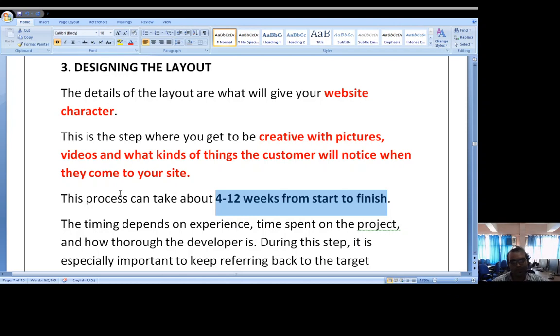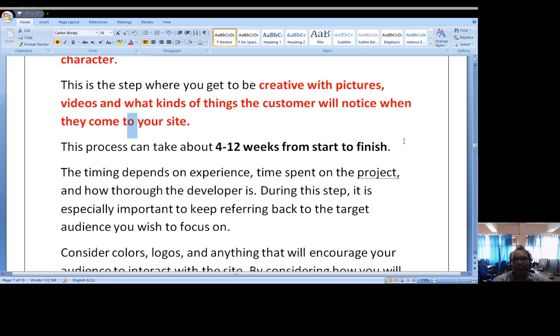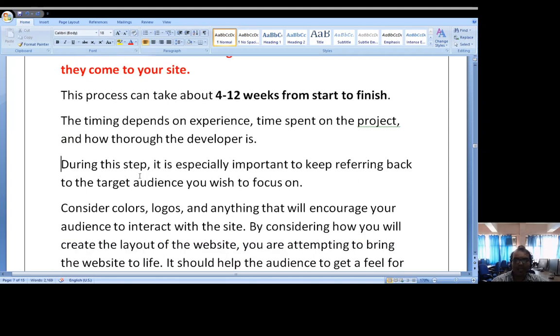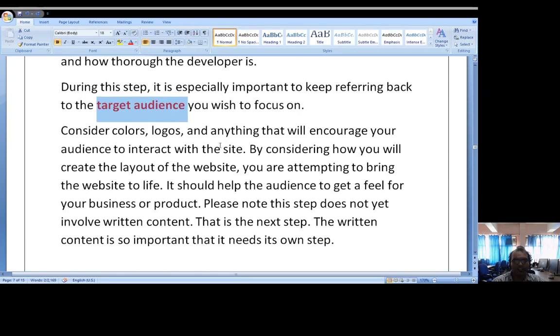So the time depends on the experience, and which type of website is made according to your goal. During this step, it is especially important to keep referring back to the target audience, which we want to focus on. The target audience is the most important aspect while defining this phase of layout.